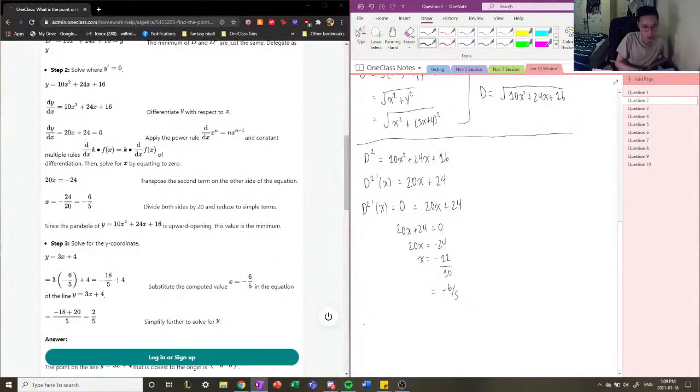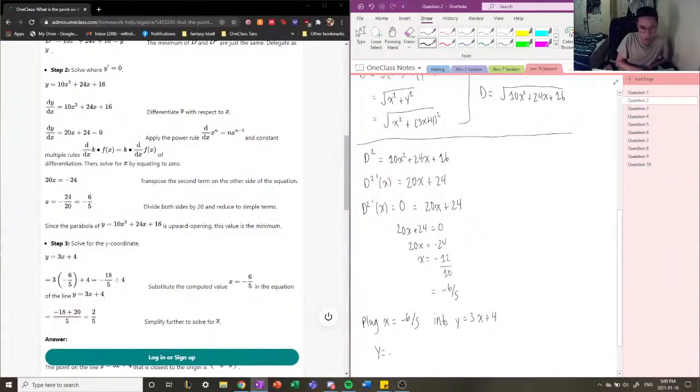So we're going to plug x equals negative 6 over 5 back into y equals 3x plus 4. Okay? So we have found the minimum point, which is negative 6 over 5, and now we're going to plug it back into our line equation.